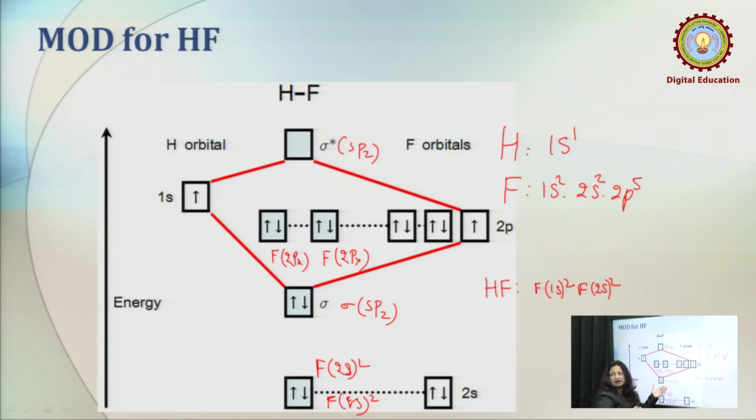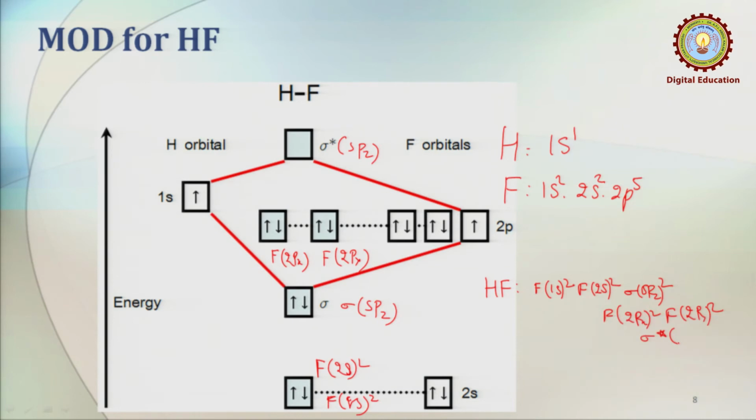Then sigma spz2, and then comes fluorine 2px2 and fluorine 2py2, right. And this way finally we get sigma star spz 0. It may be omitted, but here I have written.